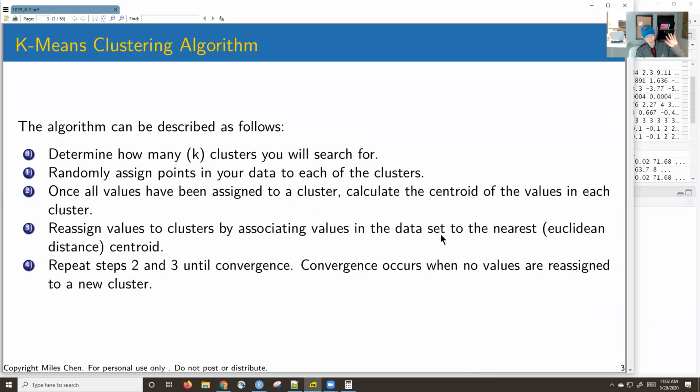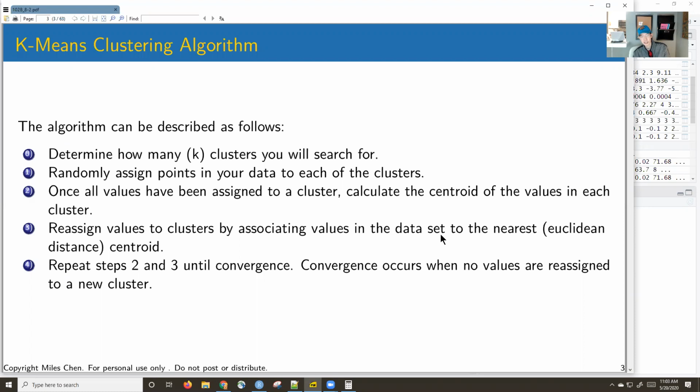Okay, so review. When we covered the K-means algorithm, the way it works is you start off and say, I'm going to look for K clusters. You declare how many clusters you're going to search for, and then you randomly assign points in your data to the clusters. Once all the values have been assigned, you calculate the centroids of each cluster.